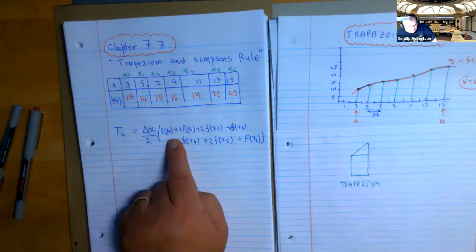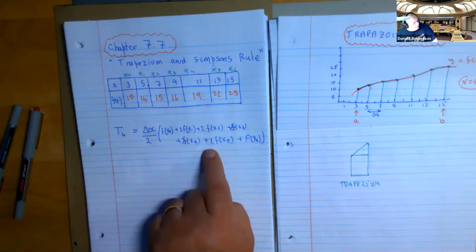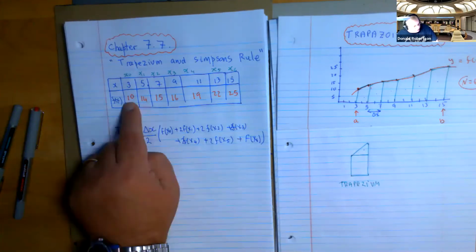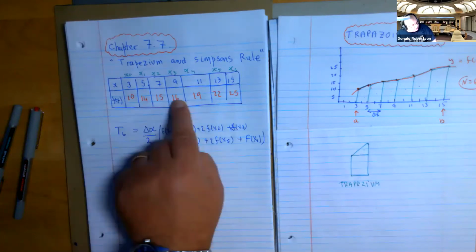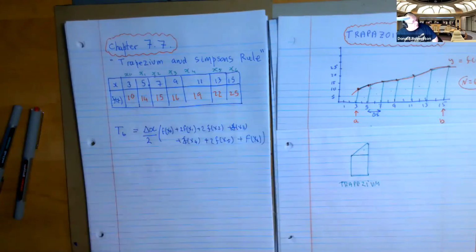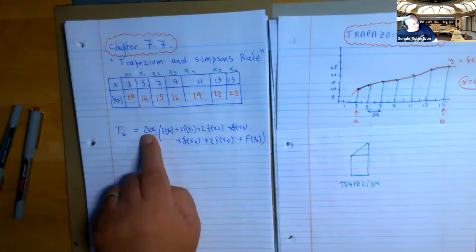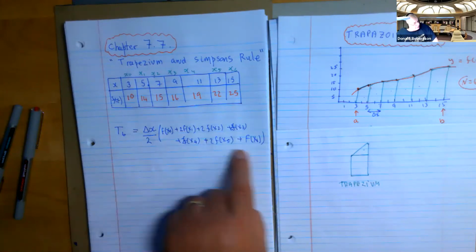This is very often called the 1-2-2 rule. So you use this guy once, double all these guys, and use this guy once. And have you noticed that it's not delta x now, it's delta x over 2. So this is just the formula that you use, right?